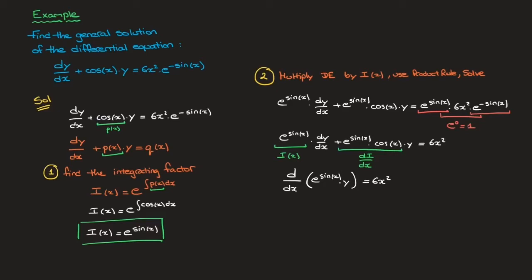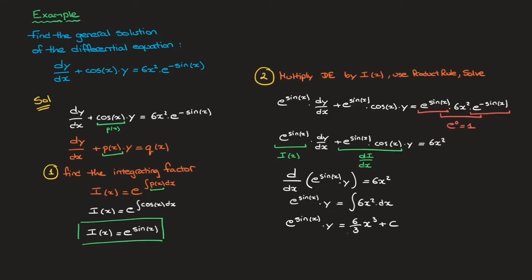Now that that's done, I integrate each side with respect to x, which leads to e to the sine of x times y equals the integral of 6x squared. And that leads to e to the sine of x times y equals 6 over 3 times x to the power of 3 plus some constant of integration c.